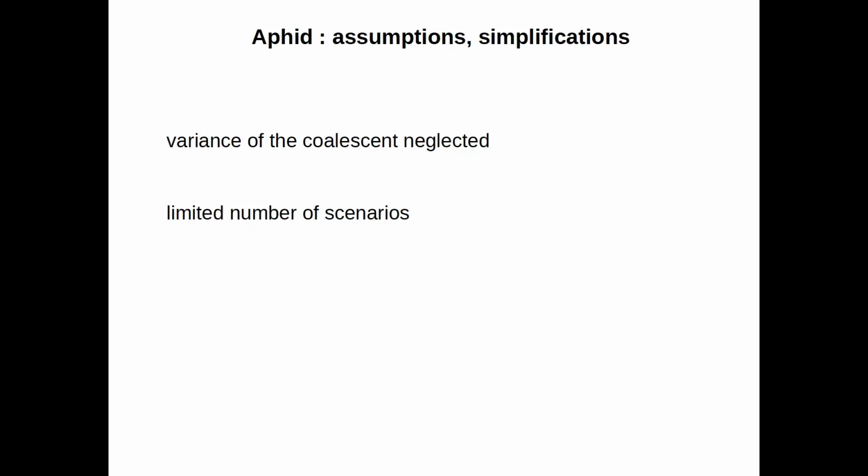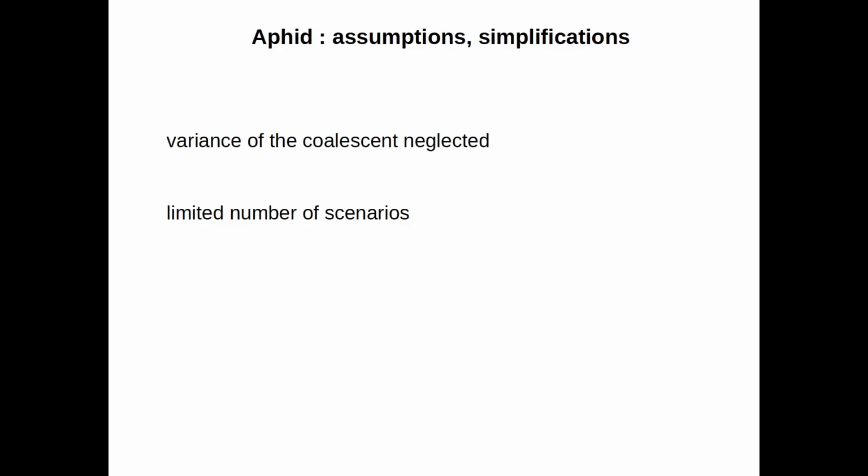That's because in APHID, we have a limited number of fixed scenarios in which branch lengths are arbitrarily fixed to their expectations, given these scenarios. But in reality, we have a much broader set of possibilities for the genealogies, given the stochasticity of the coalescence process, as I was showing. So that's an approximation that APHID does.